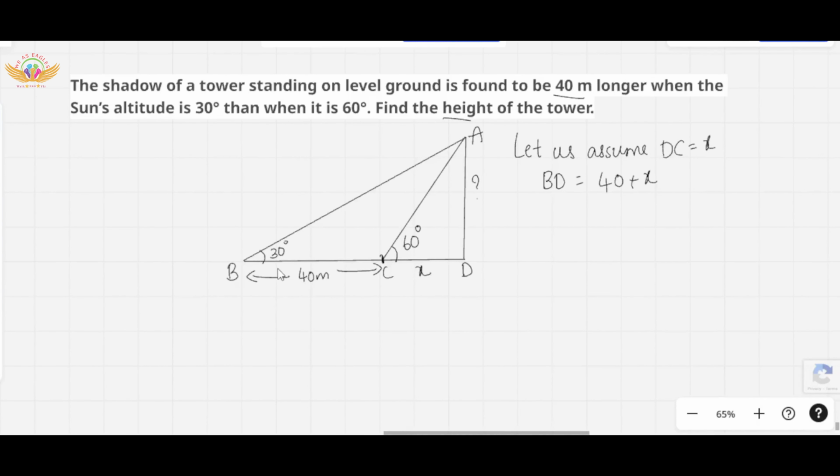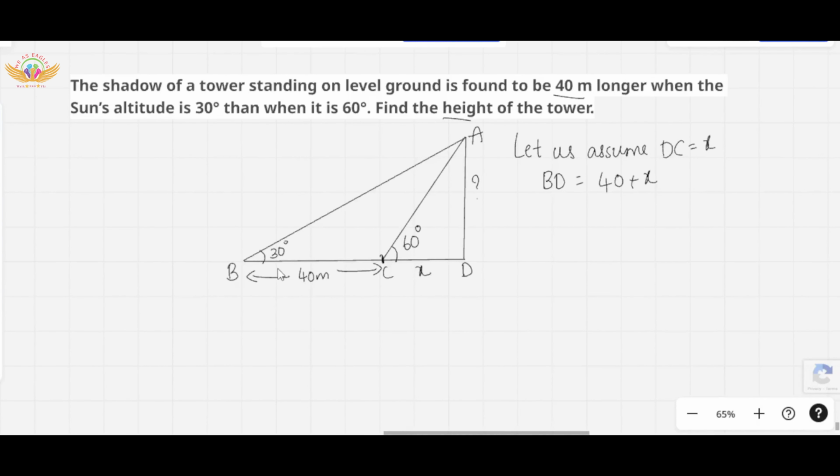So first, from the right angle triangle ABC, I'm going to take the first solution from here.